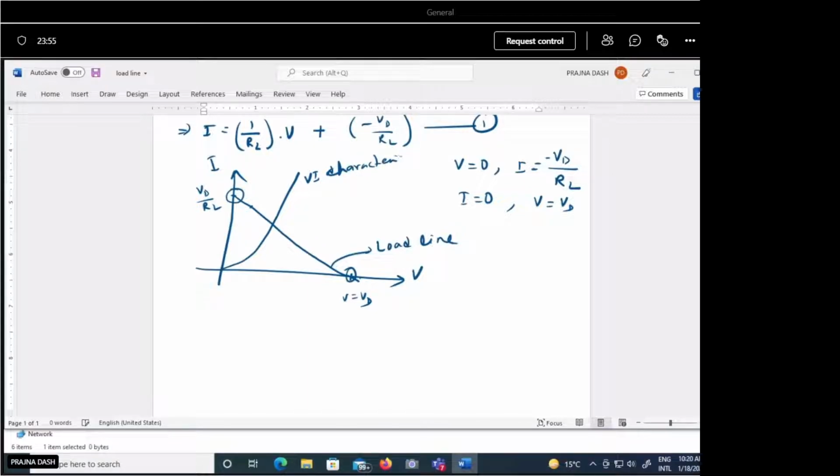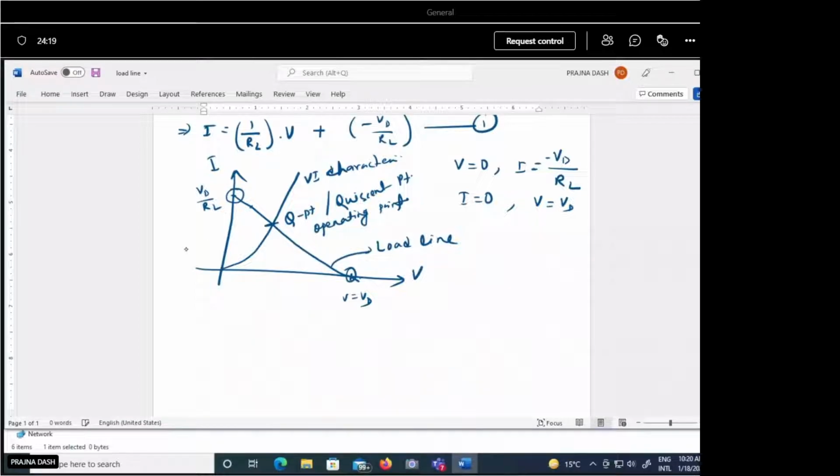So if you plot the load line and the VI characteristics, the cross section point is called the Q point, or the quiescent point, or it is also called your operating point.